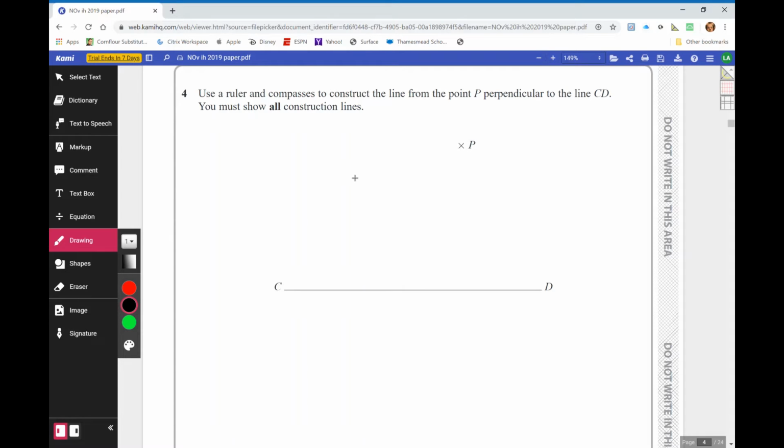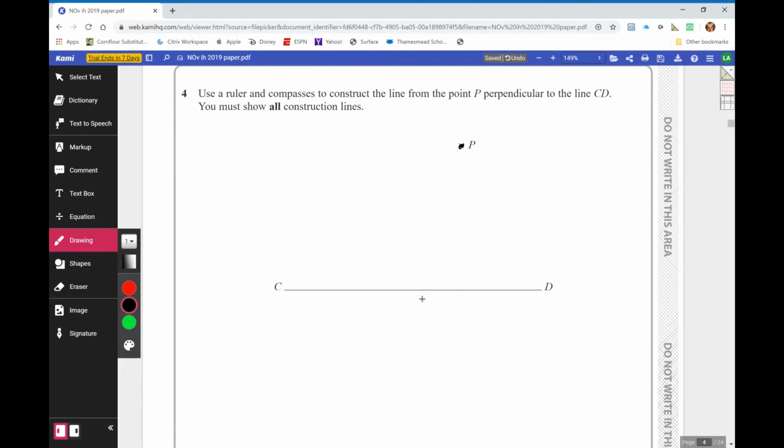So what we do, I don't have a compass tool on here, but what we do, we put our point on the P of our compass, and then what we want to do is open it up so that it goes past the line, and we do some arcs.